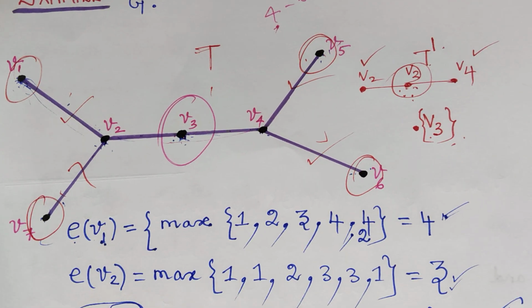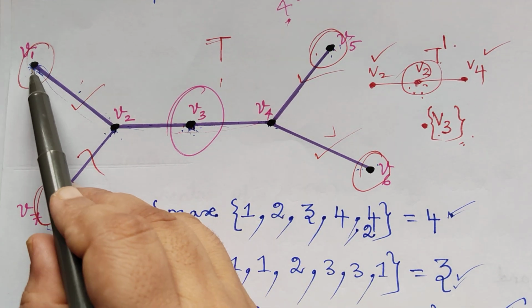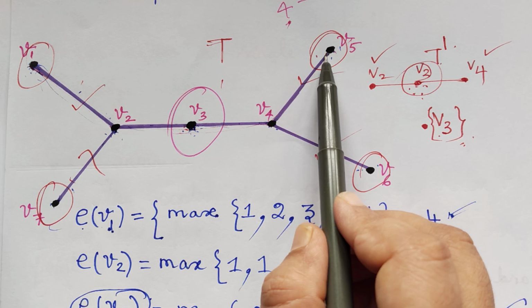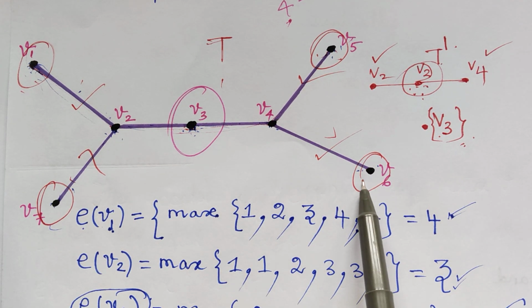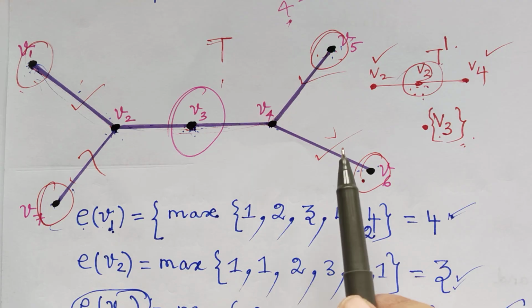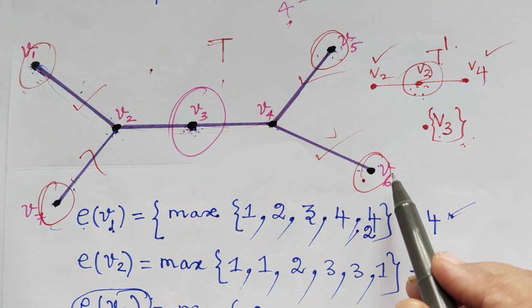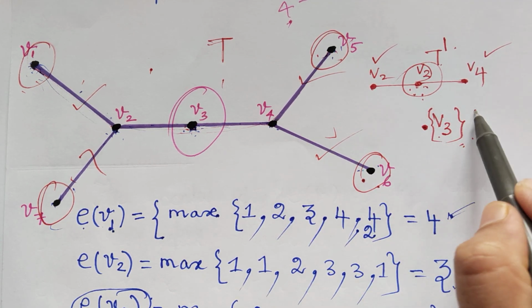For this graph it is only 1 point. And we can also remember that the longest path, from V1 to V5, V1 to V6, has 4 edges. So whenever the length of the longest path is even, we will be left with a single vertex.